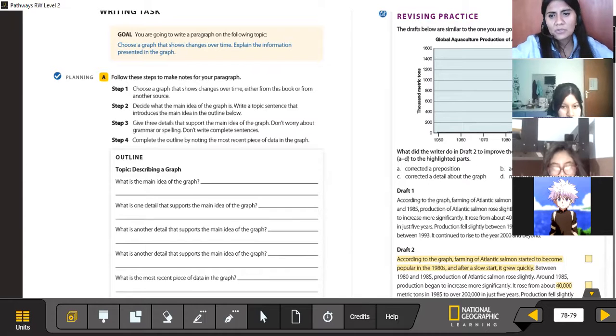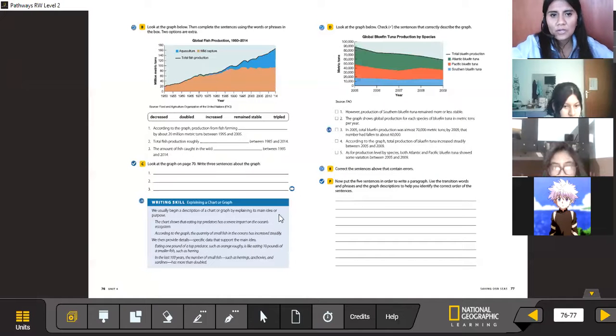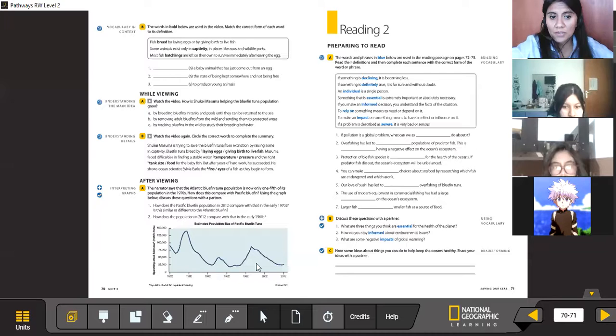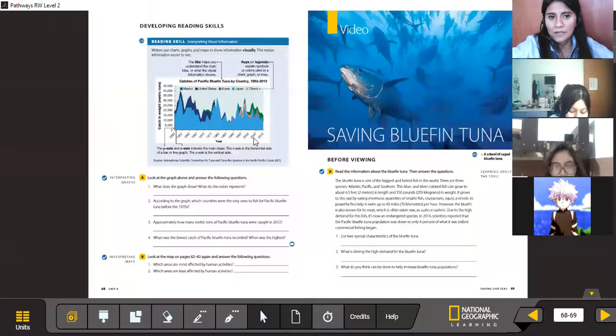So, Miss, can you guide us on which graphics in this book we can use? Okay, you can use this graphic. You can use, let's see, this graphic. Okay, Miss Milagros. And you can use this graphic.